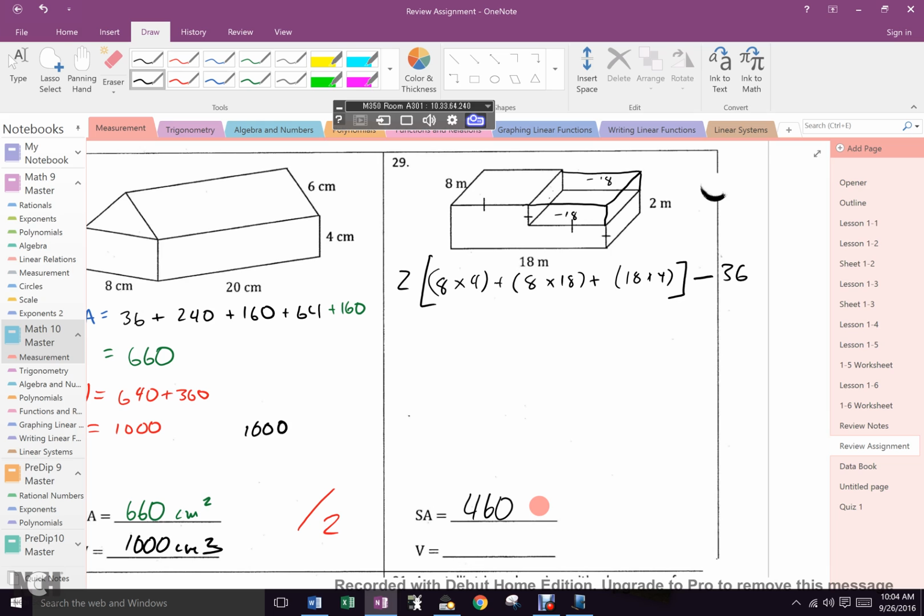No? Okay. And volume, I would have done 8 by 4 by 18, which is the whole thing, right? Minus this part, which is 2 by 9 by 8.